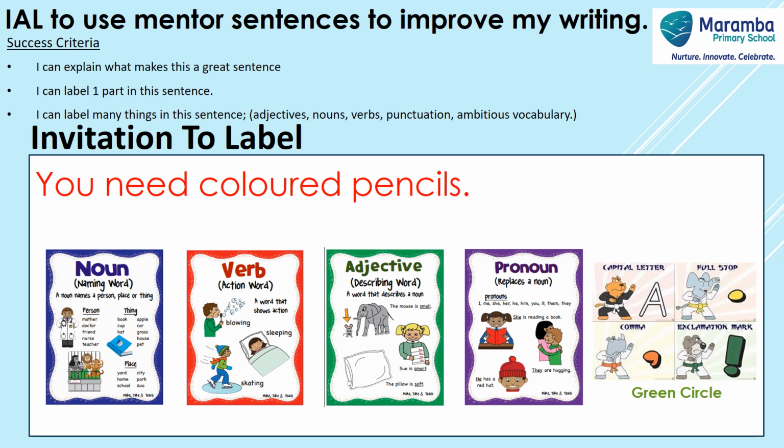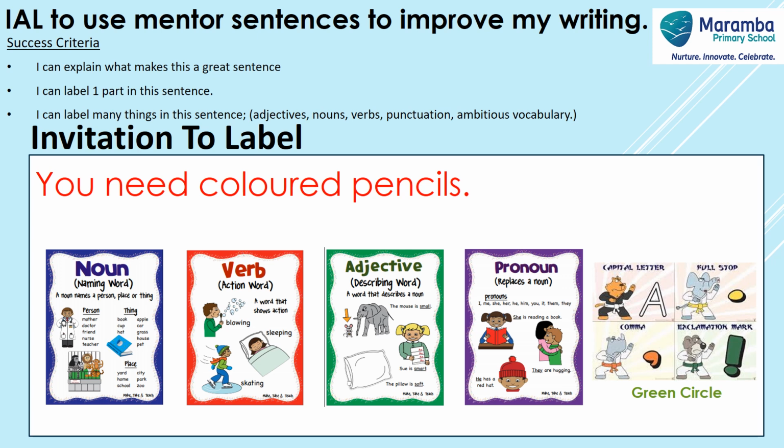If you found a verb, that's an action word or something that someone does, that needs to be coloured in red. You'll need your green pencil to colour in adjectives. These are the words that describe things, so they describe nouns.